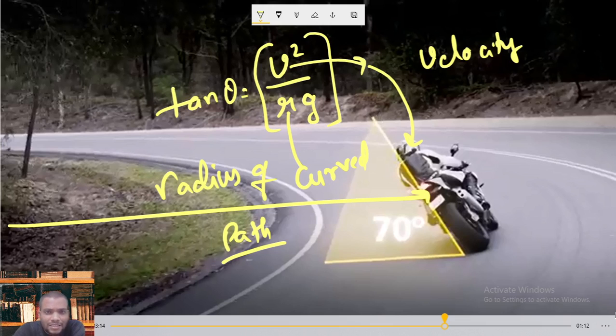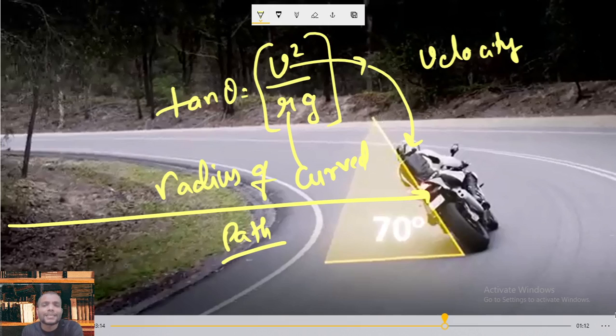So without decreasing the velocity of the bike, to clear the curved path, we should take an appropriate angle. Otherwise, to clear a curved path, we need to decrease velocity, otherwise we will not get the necessary centripetal force. But without decreasing the velocity of the motorcycle, to clear the curved path we need to bend.